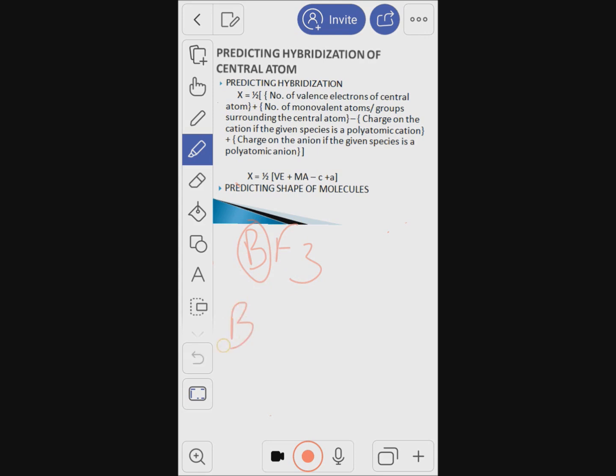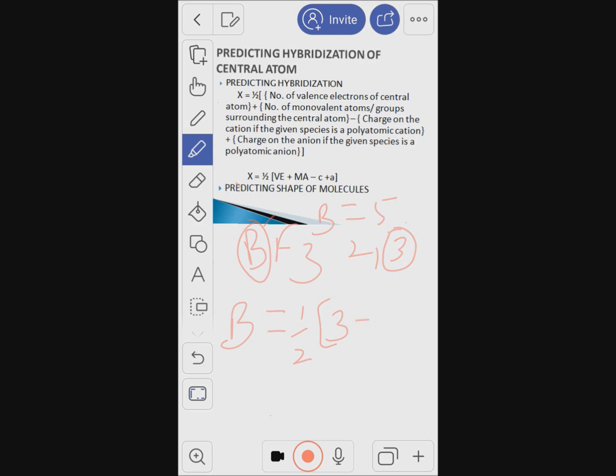We will calculate the hybridization of boron. 1/2 into the number of valence electrons in boron, that is 3. Its atomic number is 5. It means it has configuration of 2 and 3. And 3 are the valence electrons, meaning electrons in the outermost shell.